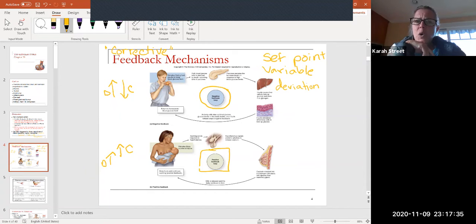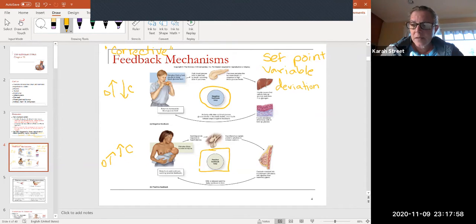And students go, "Oh, then how is that correcting? If the variable is deviating away from set point and the correction takes the variable even further away from set point, how is that a corrective mechanism?" That's a good question.